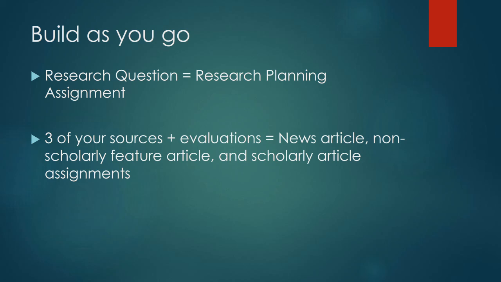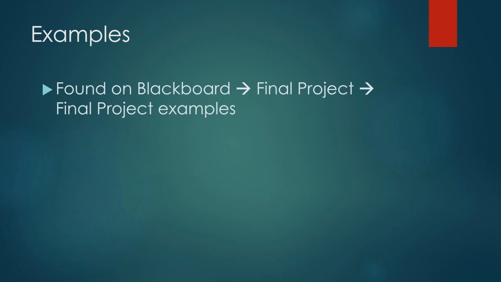Those are all sources and evaluations that you can reuse for this final project, so you don't have to redo at least 3 of them. At the end, if you've been keeping up, you really only need to add 2 sources and evaluations to the storyboard. And there are examples that can be found on Blackboard by following the directions here.